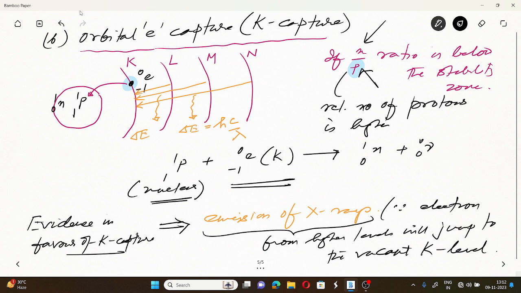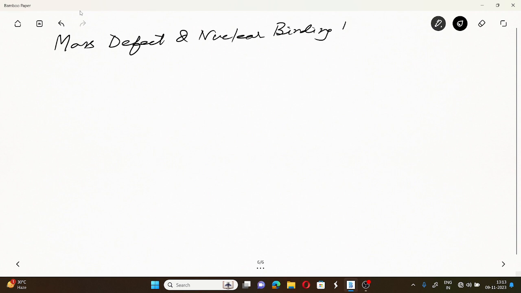Now, there is another way of explaining nuclear stability, that is mass defect and nuclear binding energy.